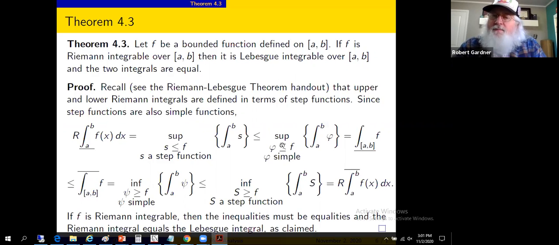Greater than or equal to, think of it like this. Every one of these step functions over here is included in this collection of simple functions over here. But there's maybe more simple functions. So over here, we're taking a sup over a little set. Over here, we're taking a sup over a bigger set that includes all the stuff in that littler set.